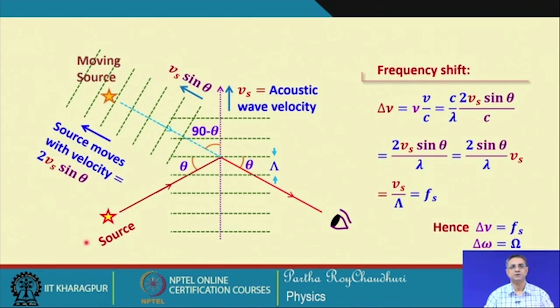Let us suppose you have a source, which is actually the incident optical beam to this acoustic wave, and this acoustic wave is a travelling wave. So, therefore, this can be looked upon as a moving mirror.